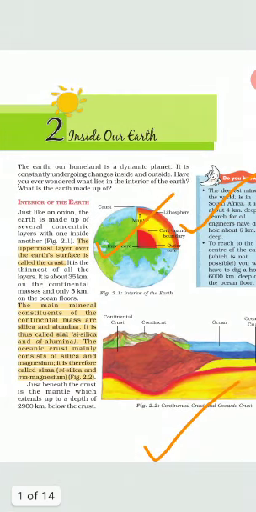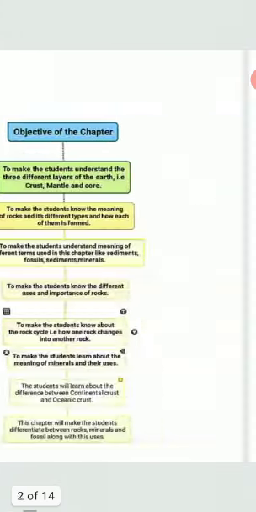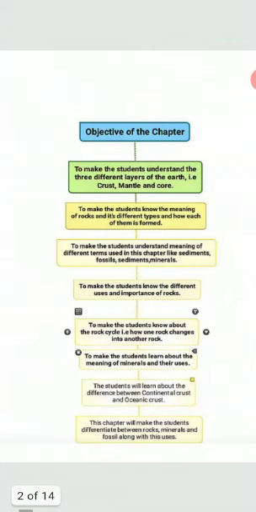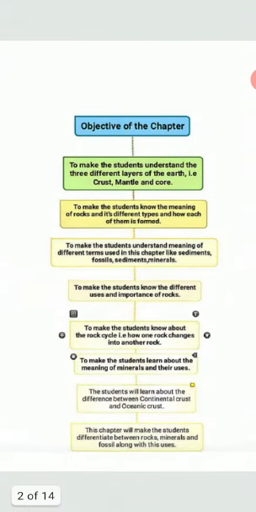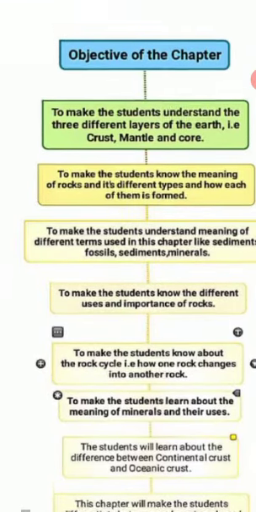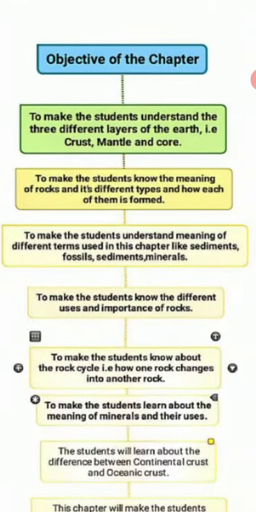So let's revise. Let's see what we have learnt. We have learnt the different layers, the meaning of rocks, its different types, and how they are formed. We have learnt the meaning of fossils and the meaning of sediments, the small particles which are carried away by the wind or air and get deposited.